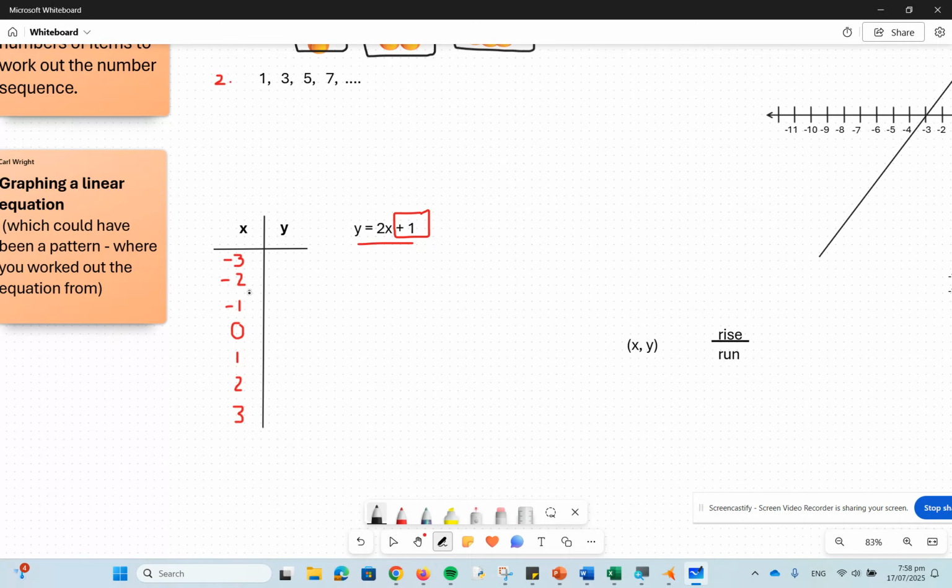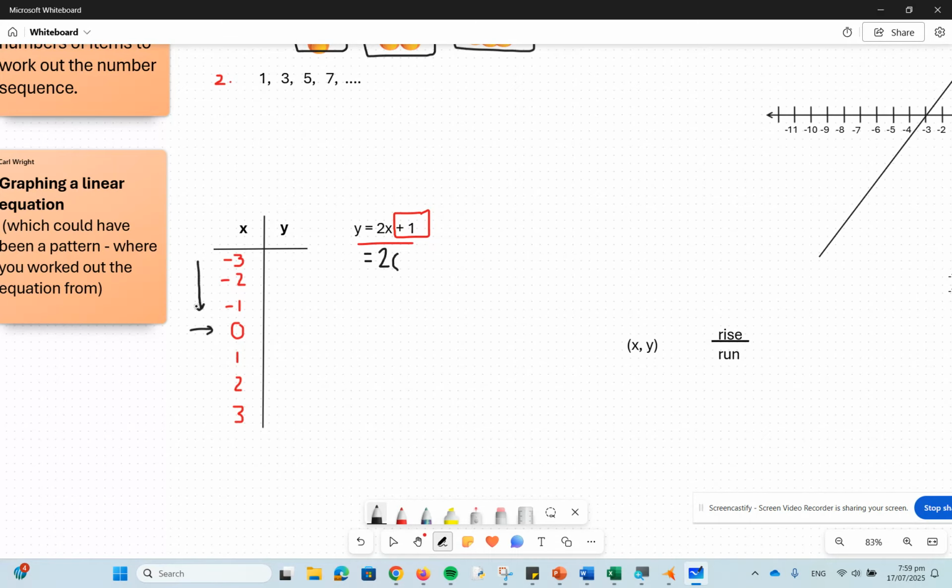Okay, so I just pick some random numbers and I like to have 0 in the middle, and then go backwards and forwards and see if I can get some points. Now what I'm going to do is use the 2 and multiply it by one of these numbers in the x column. So this 2 here, I'll just show you what I'm going to do. I'm going to substitute where x is for one of these numbers.